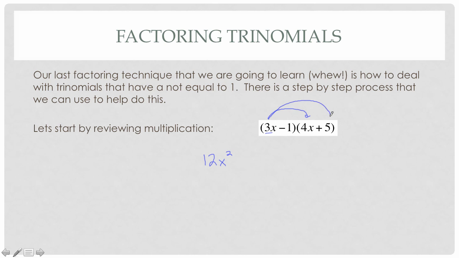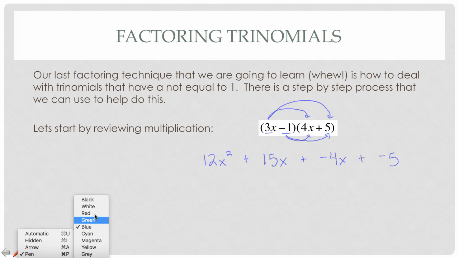Then 3x multiplies the 5 to get plus 15x. Then the negative 1 multiplies the 4x to get plus negative 4x. And then the negative 1 multiplies the 5 to get plus negative 5. I kept everything as addition with a negative instead of putting subtraction, but I think you get the idea. That's how I would multiply it.